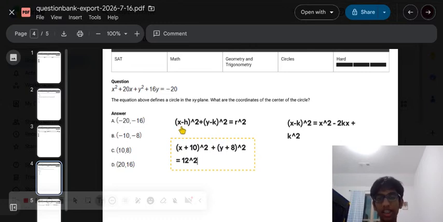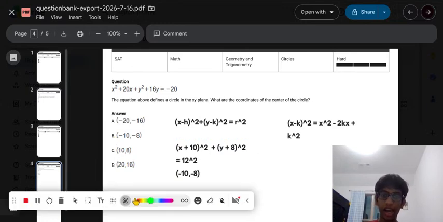So if minus h is 10, that means that h is equal to negative 10, and k is equal to negative 8, and this is x comma y, so we are left with negative 10 comma negative 8, and that would be our center of the circle, which is option choice B, and it has a radius of 12.